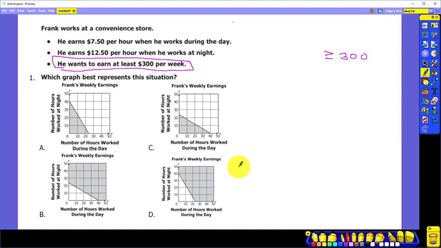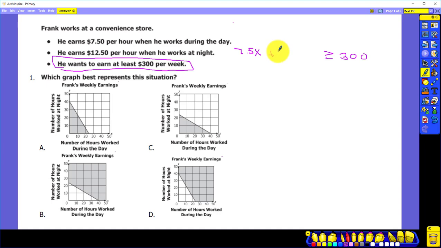Now if you look at the options, in our x-axis, it was represented as the number of hours worked during the day, and then for the y-axis we have the number of hours worked at night. So we are going to represent this as our x and this as our y. If that is the case, it says here that $7.50 per hour when he works during the day. I can write this as 7.50x plus, when he works at night, he's getting $12.50.